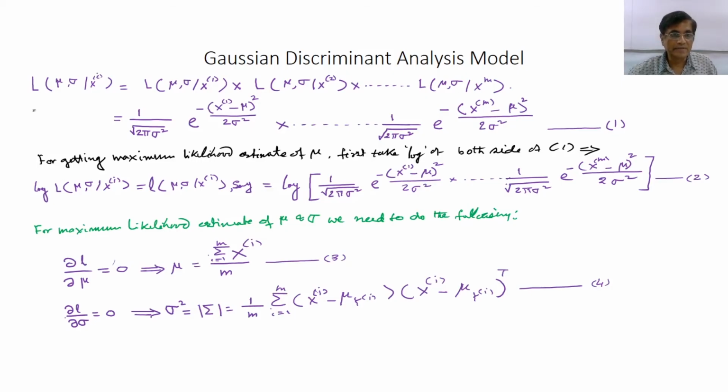For evaluating that, you will have to take the log, because the log will transform this multiplication sign into a plus sign, which is easy for you to calculate. So we are taking the log, which is called the log likelihood estimate of mu and sigma. Taking the log, I am calling the new function small l, the log of capital L. This is the notation I am using, and it can be written as a summation of this plus this, because it is log to the base e.